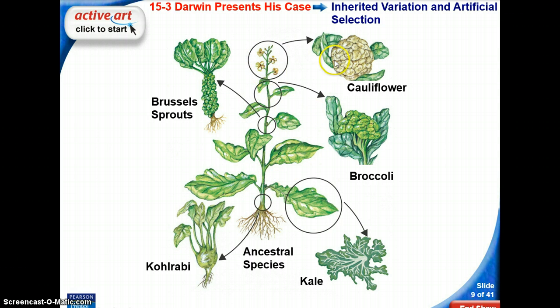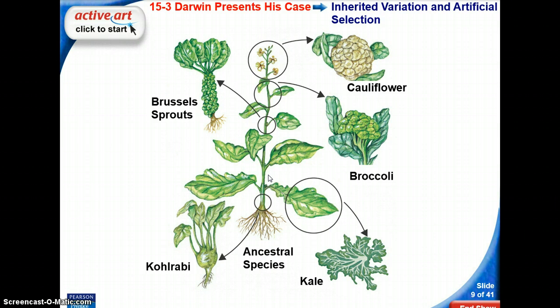What happened over time is breeders looked for certain parts of the plants that grew certain things that they wanted, that they liked, and they started to grow certain plants that only had those characteristics. So from this one plant, over hundreds of years, we get Brussels sprouts, cauliflower, broccoli, kale, and kohlrabi. And they all come from the same ancestral species.